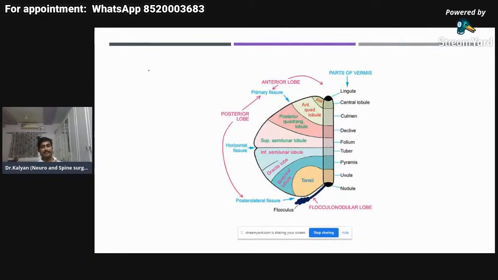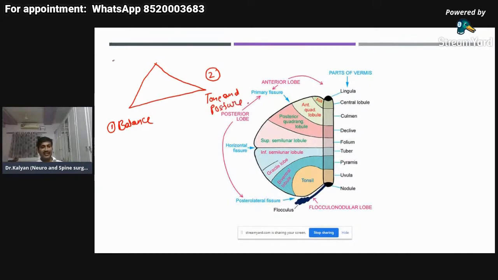When I say cerebellum, you will have to remember three important things. Whether you remember everything else or not, the cerebellum has three main functions. One main function of the cerebellum is balance. The second most important function is maintenance of tone and posture.